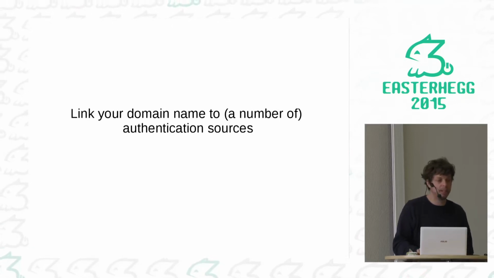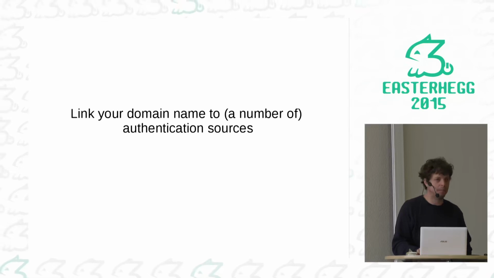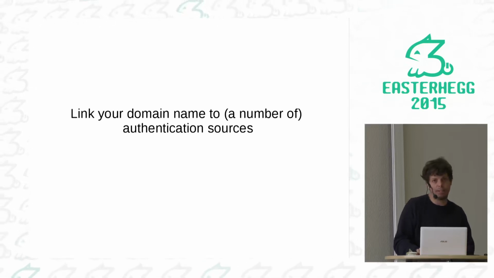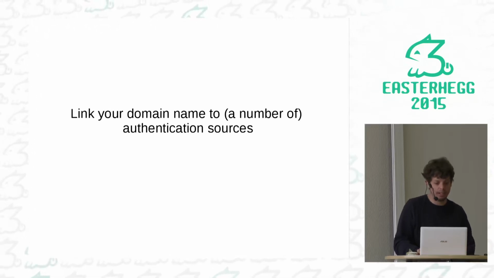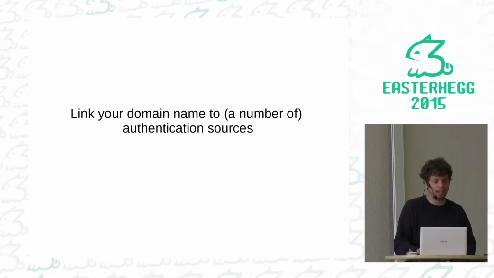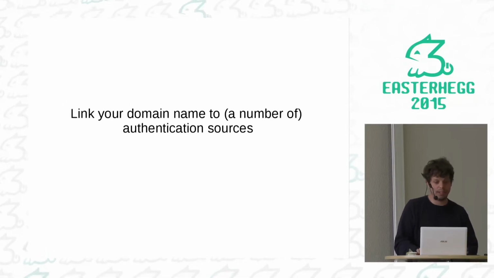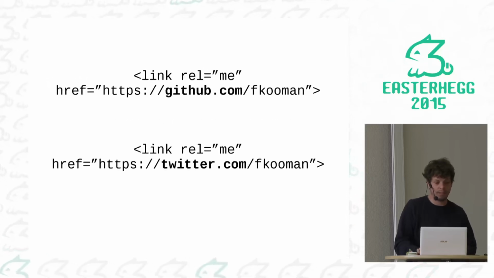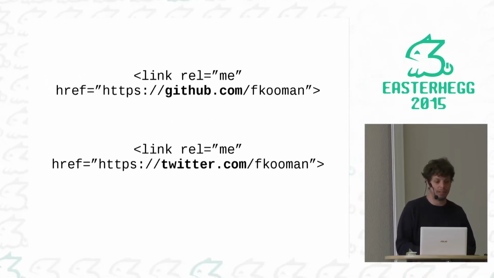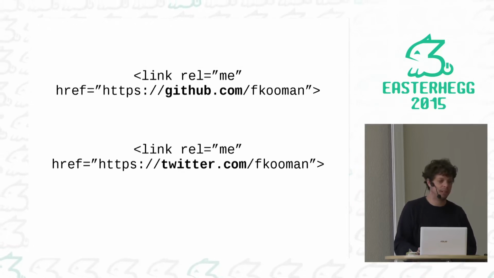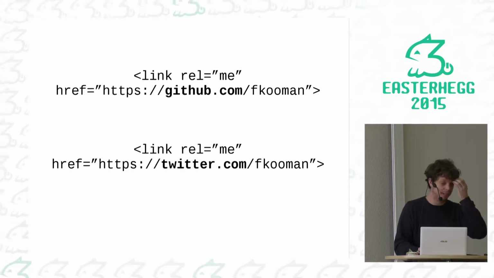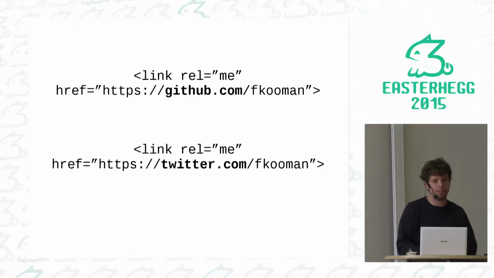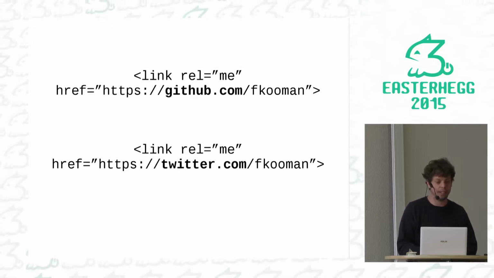On your homepage, you will just put a number of different authentication sources that you trust to authenticate your domain, basically. So initially, IndieAuth supported a number of different mechanisms, for example, GitHub or Twitter. If you put these tags on your own homepage, IndieAuth will know that it can ask GitHub to authenticate and then verify that that account belongs to you.